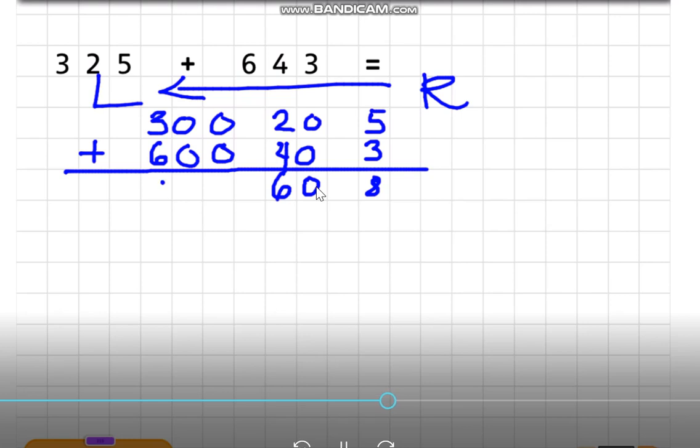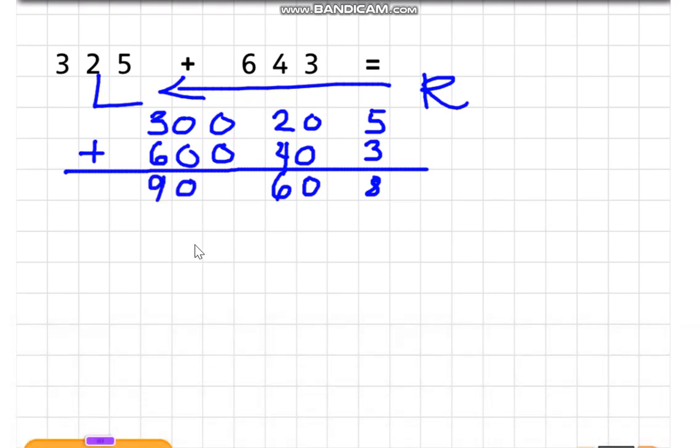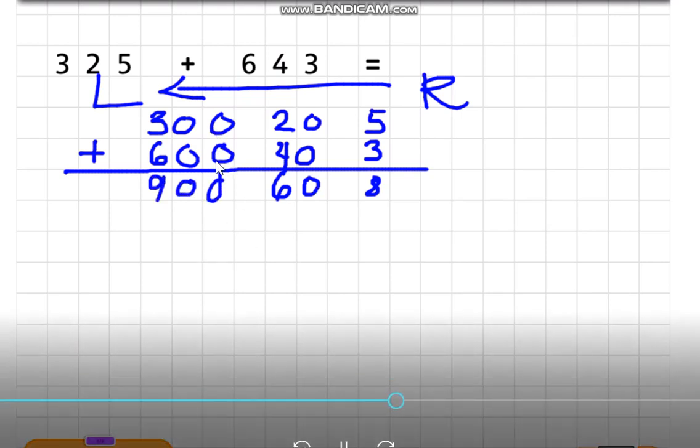And same goes in the hundreds column. So 300 and 600 is 900. Now let's take a look at the answers here. 900, this is 60, this is 8. Right? So, do you think this is our final answer?